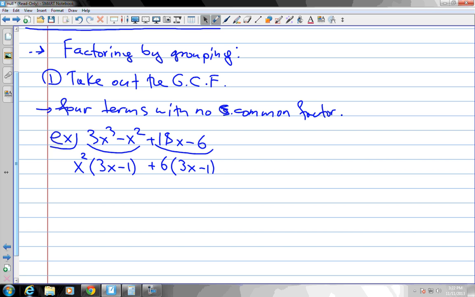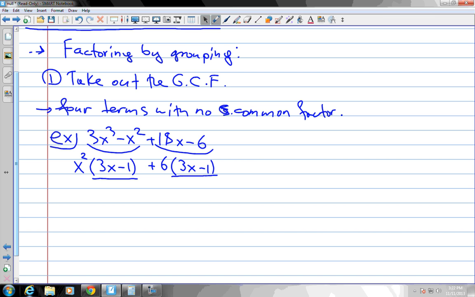Yeah, 3x minus 1. So that looks like some of the problems we did last week, when we were factoring expressions that had a common parenthesis, we had a smiley face in there or whatever. But now we have 2 terms separated by a plus, and what's in common in those 2 terms is 3x minus 1. 3x minus 1 is the greatest common factor.